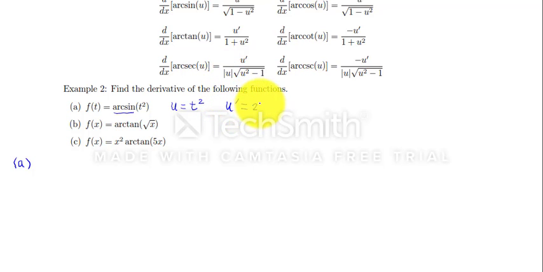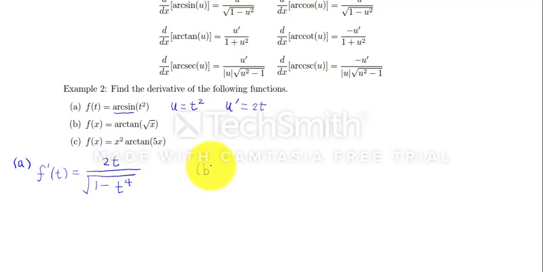U prime is just 2t. So all we need to do is replace the u and u prime in the formula. So f prime of t equals, according to the formula, u prime, which is 2t, divided by square root of 1 minus u squared. Okay, so it's t squared squared, so t to the 4th power. That is part A.